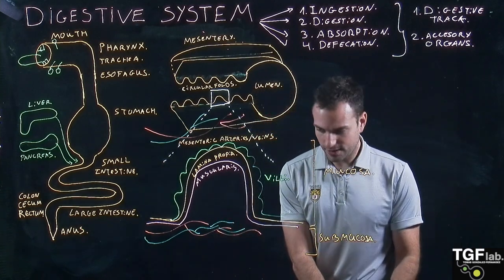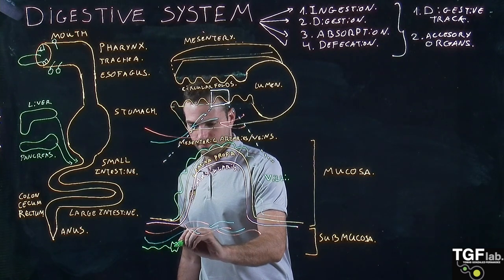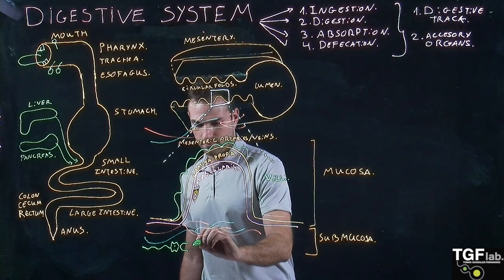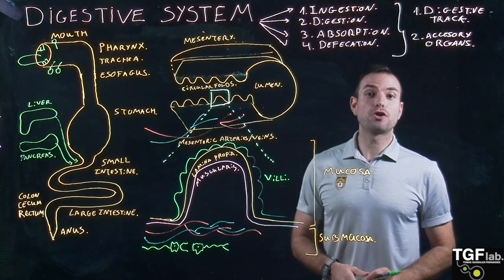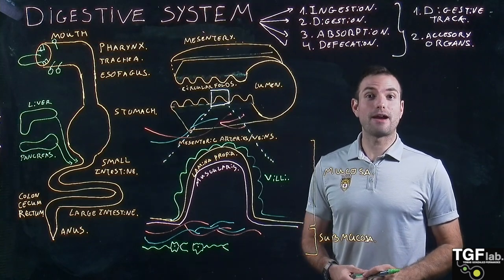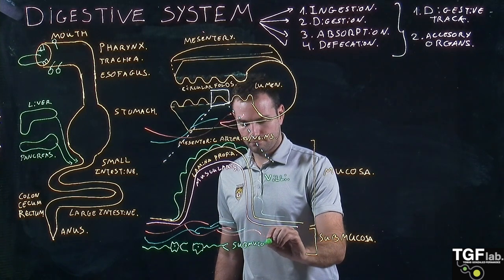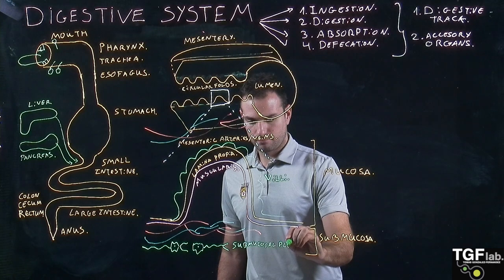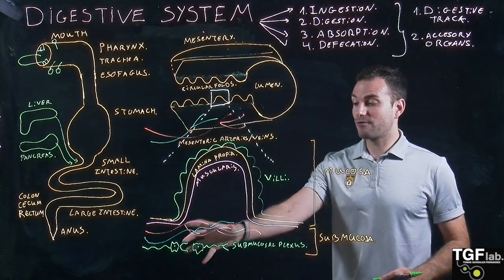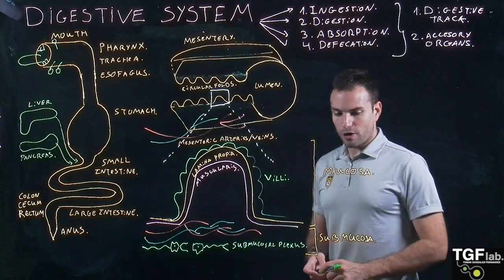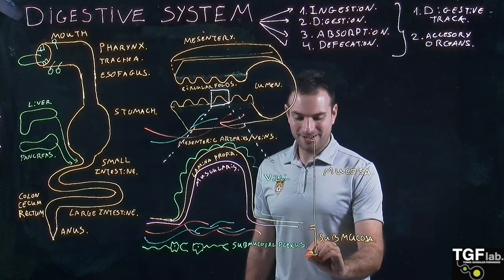So these nerve cells here, so these nerve cells are going to form the submucosal nervous plexus. And this is going to be very important for the nervous regulation of the digestion.